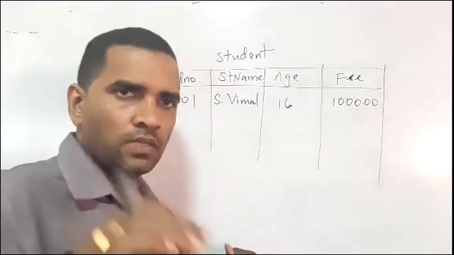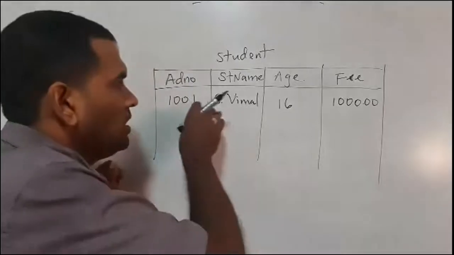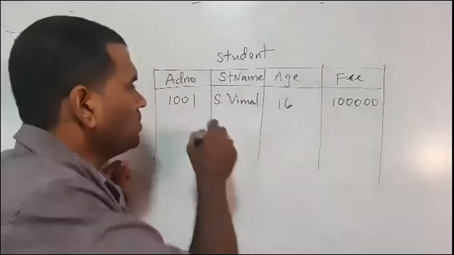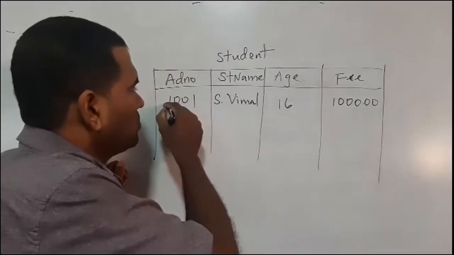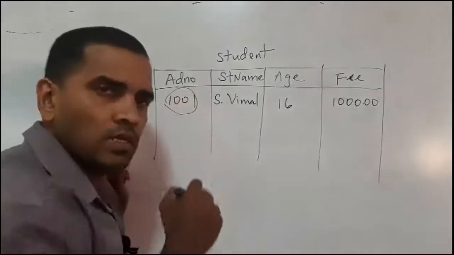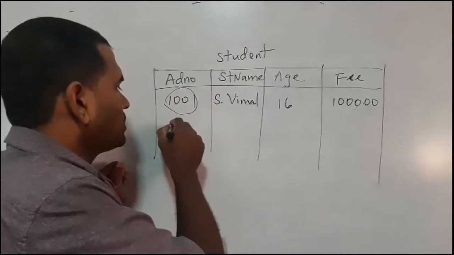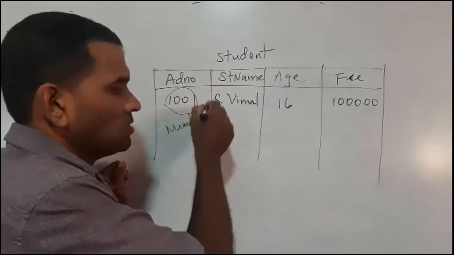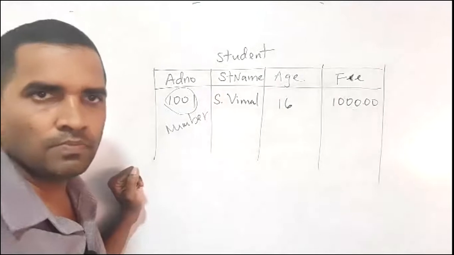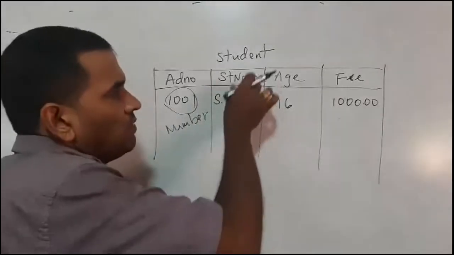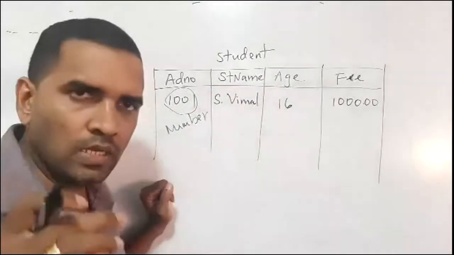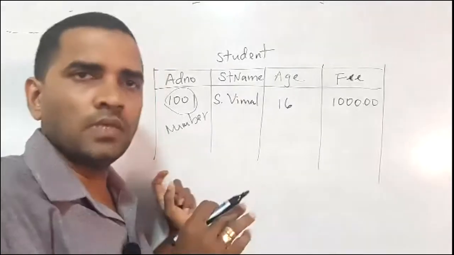Now, before creating the table in the computer, let's analyze the data types. So here, look at the admission number. I already told you that all these data should be a number. So definitely it is number related, numerical related things. So let's take them as number. Look at the second one, student name. Definitely student name keeps text related data.